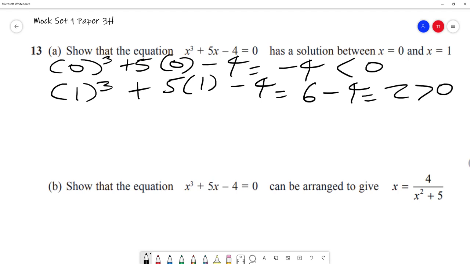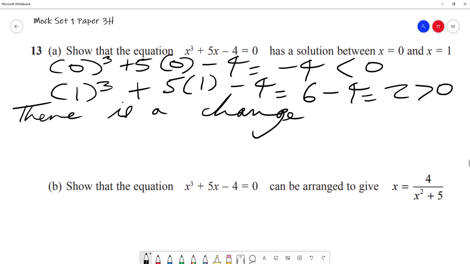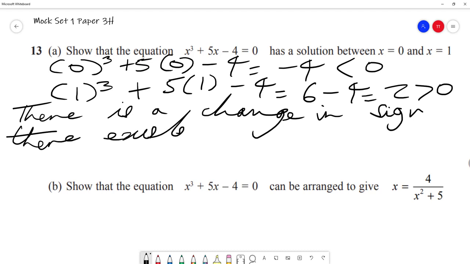And then we're going to say there is a change in sign, so there exists a solution between 0 and 1.